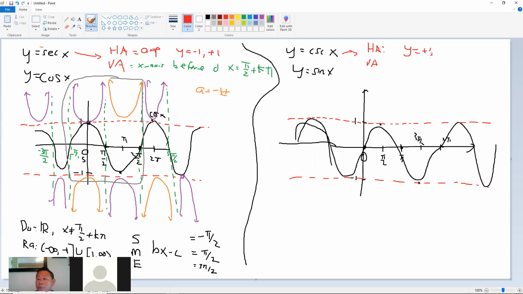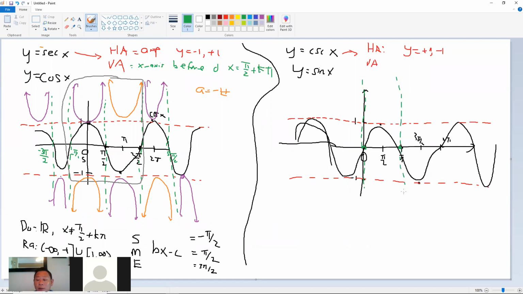The vertical asymptote is where the sine wave crosses the x-axis. So if you look at the x-intercepts, you find that you got 0 here. The next one is pi.